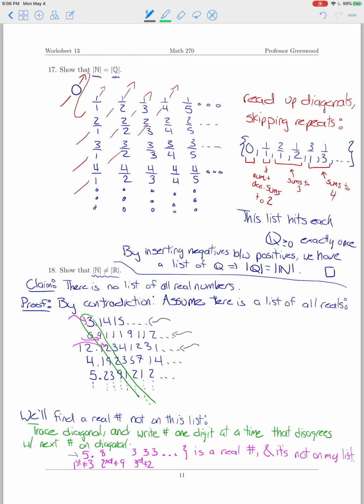And so, in other words, that's because the nth digit of this number disagrees with the nth digit of the nth number on the list.